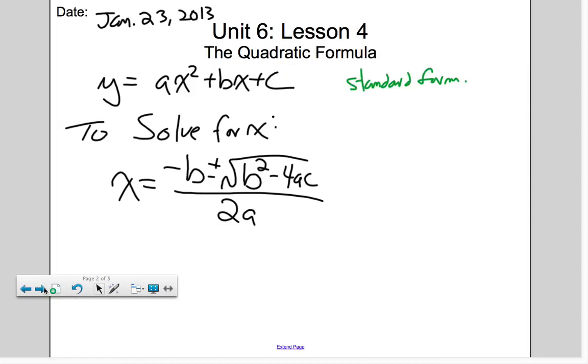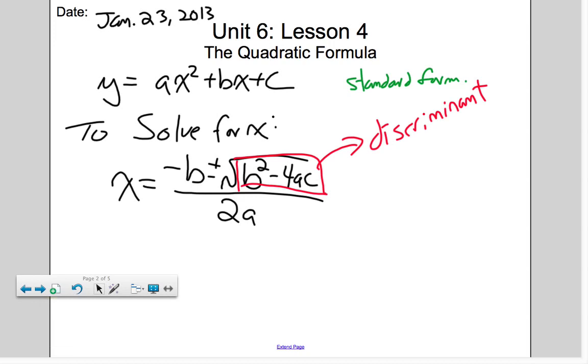So I have a question. This part, b squared minus 4ac, is called the discriminant. We just take b squared minus 4ac and do that calculation. What happens if that's negative?